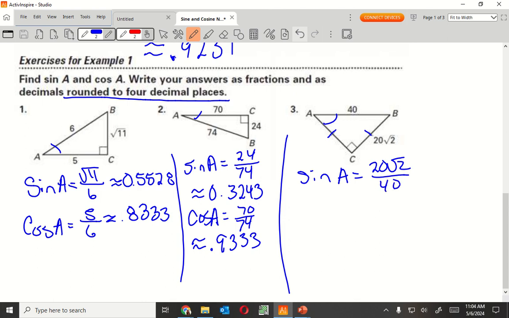And what do we get there? 0.7. Cosine of A is going to be the same thing, 20 root 2 over 40.